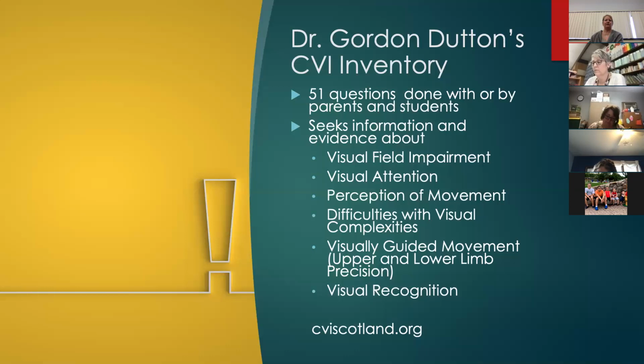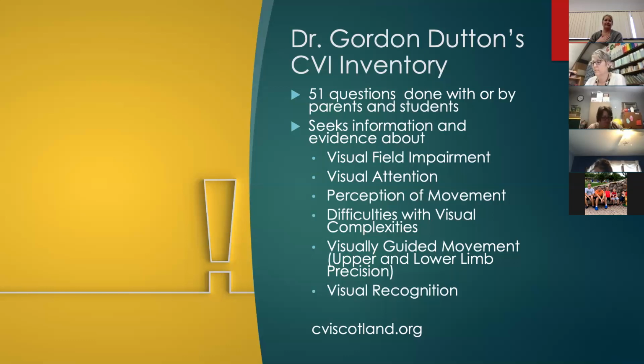It can be seen as dorsal because it's movement, but they also have to be recognizing if the object is too complex. So that affects both of those systems at the same time. And then the issue of visual recognition. He asks questions about that.